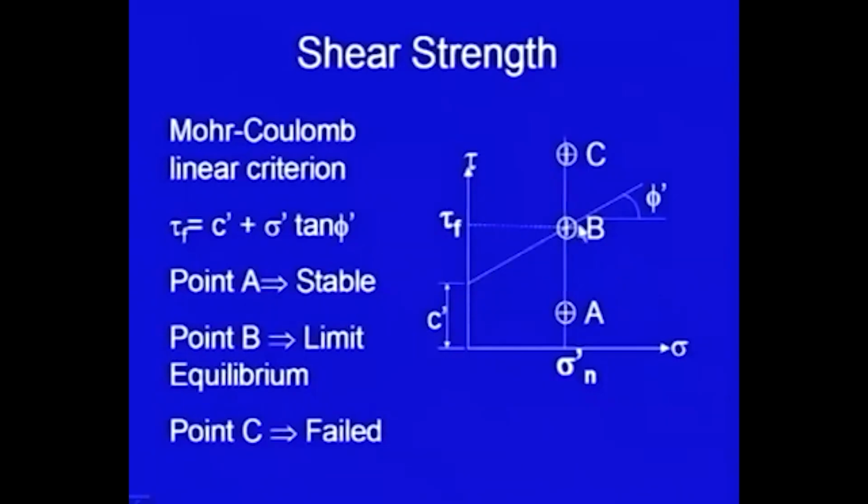So, this particular line represents a failure condition. If you have a stress state for a particular point in the field, and you plot it here, if the point is below this line, all those points will be stable. If it is above, they are not possible, they might have already failed, and if the point is on the line, then it is just at the verge of failure.